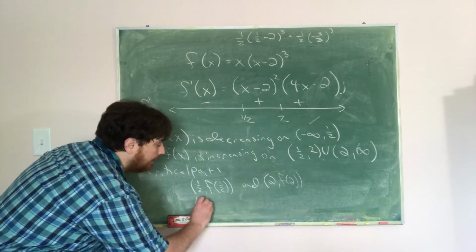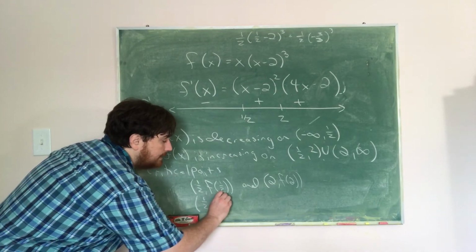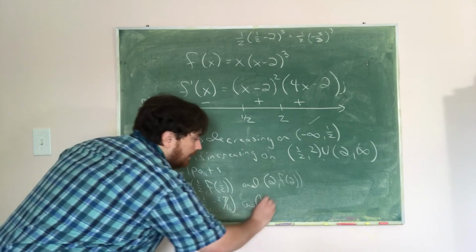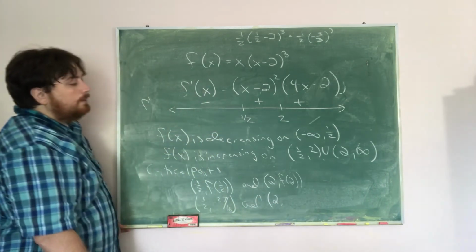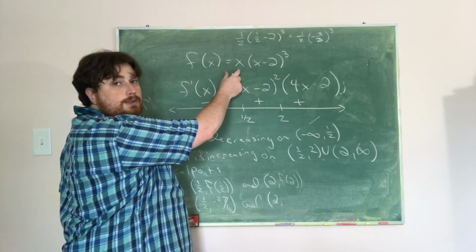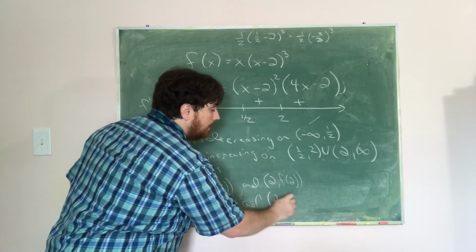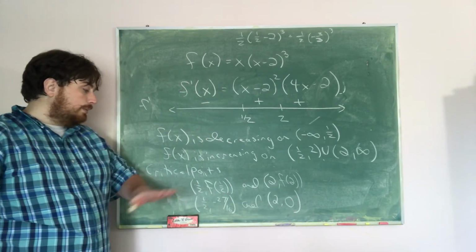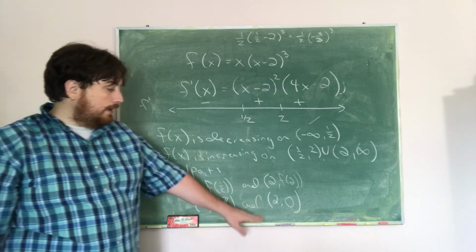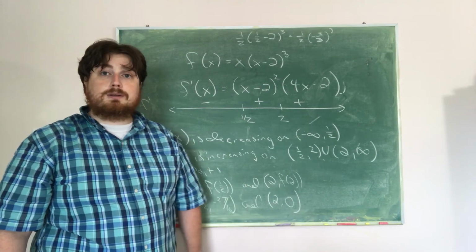So I get 1/2 comma negative 27 over 16. And then I also get a critical point at 2. And if I plug 2 in, this is easy to calculate. It's 2 times 0 is 0. So my critical points are the points 1/2, negative 27 over 16, and 2, 0.